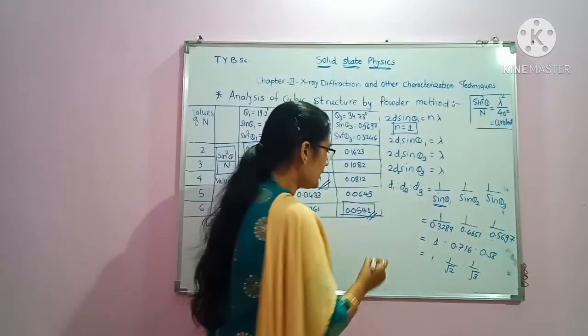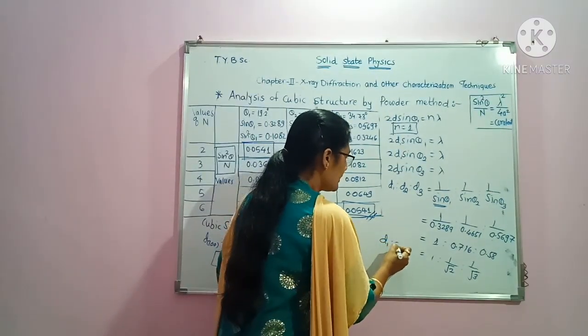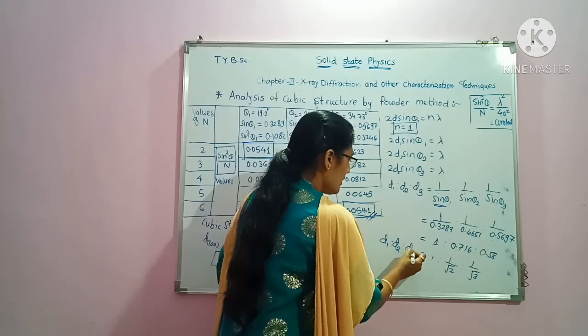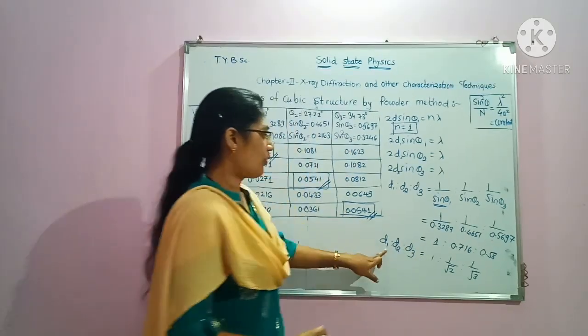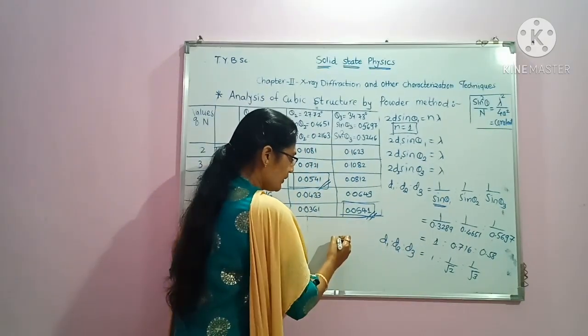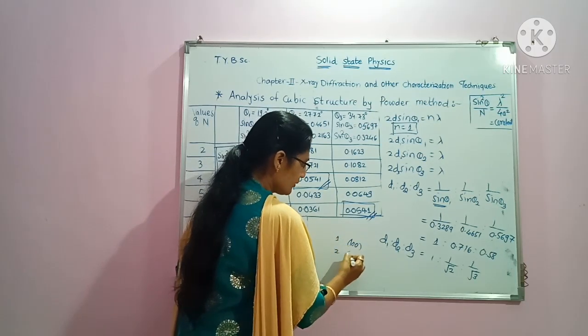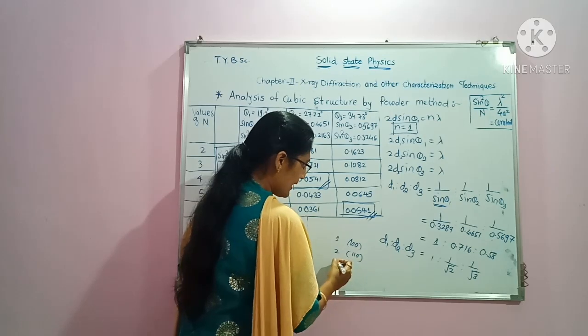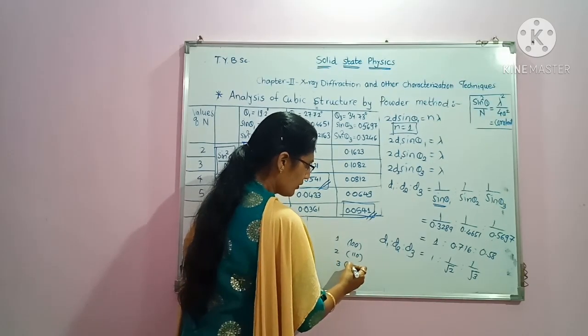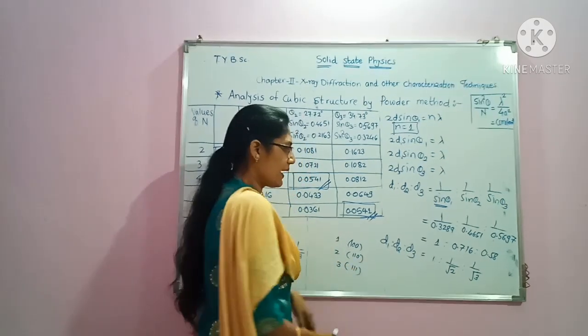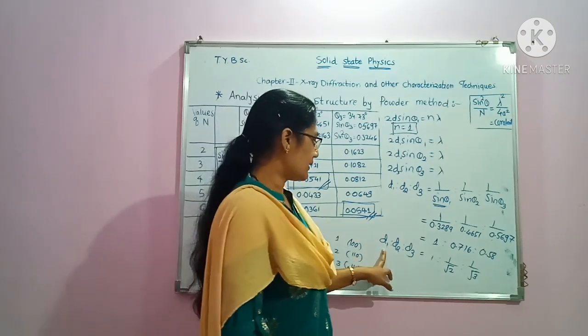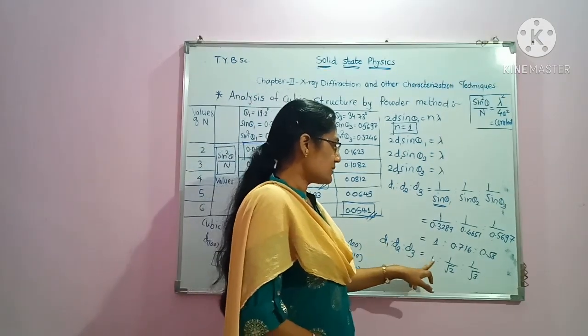So for the interplanar distances, here 1 means nothing but the 100 plane, 2 is nothing but the 110 plane, and 3 is nothing but the 111 plane, and hence we have obtained the ratio as 1 is to 1 upon root 2 is to 1 upon root 3.